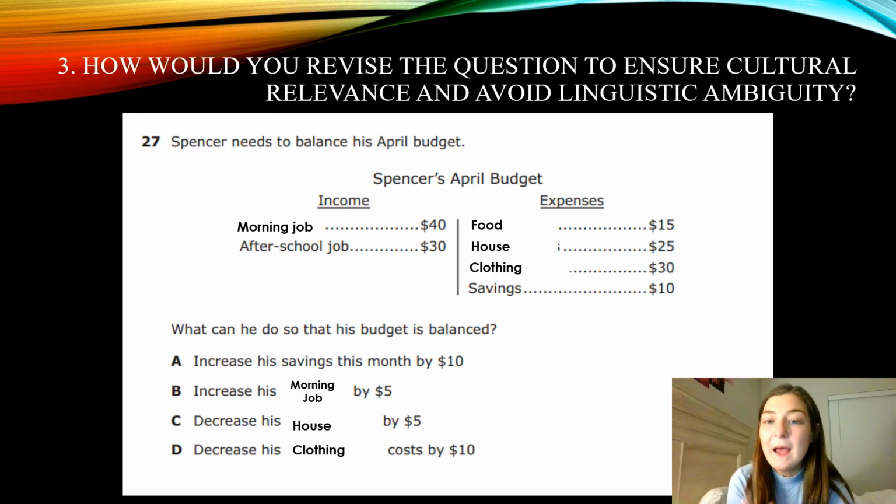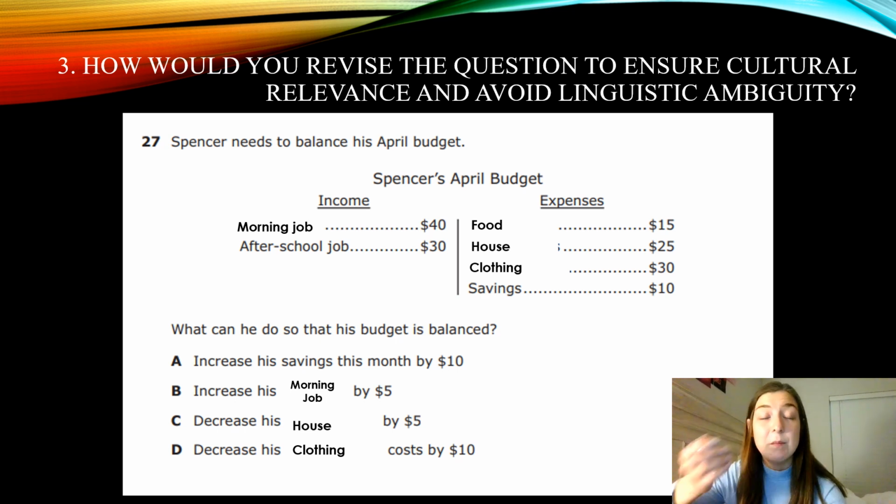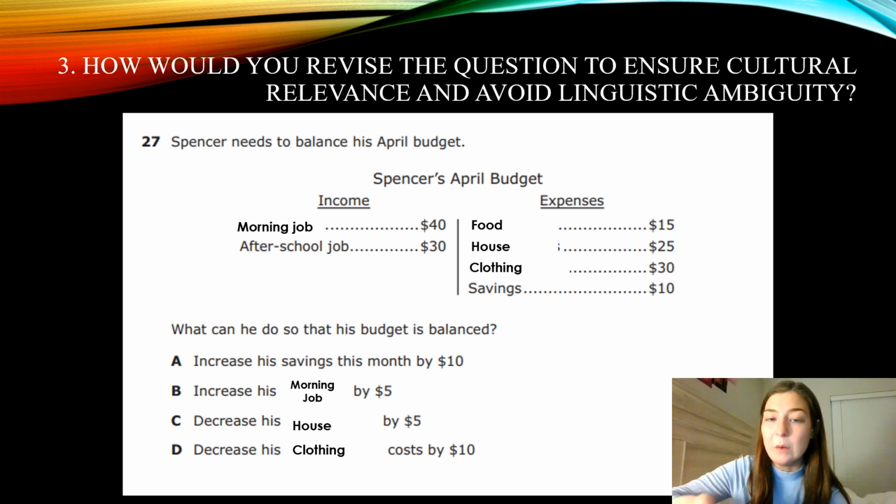So I went ahead and revised this question as is to make it much more culturally relevant for all students and to avoid that linguistic ambiguity that I previously mentioned. So under the income portion where it originally said allowance, I changed that to morning job. I changed it to morning job because I think it just flows better having morning job, after school job.